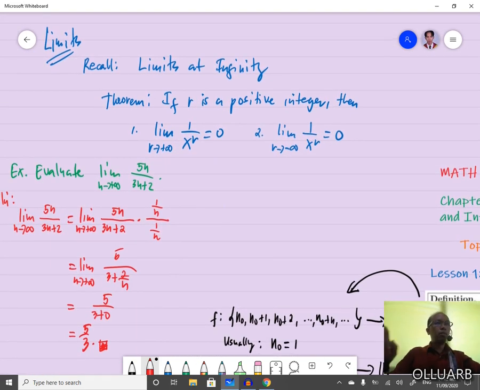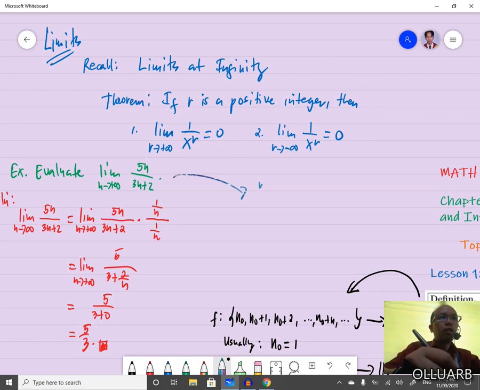When n is equal to 1, we have this maps to 5 over 5 times 1, 5 over 5, and this is equal to 1.